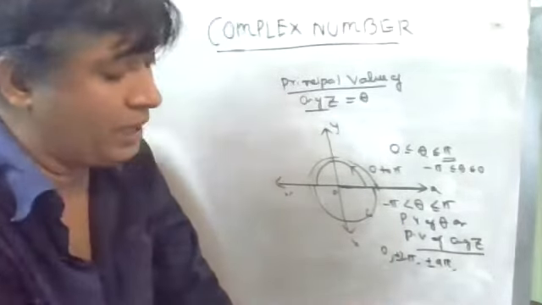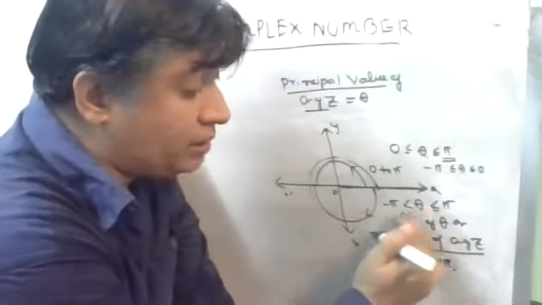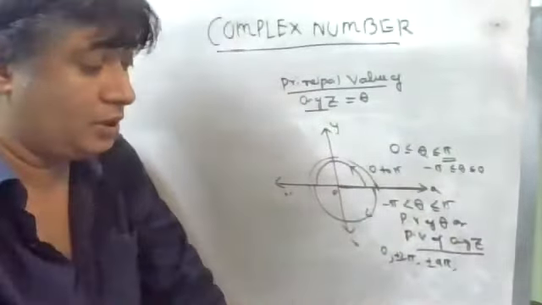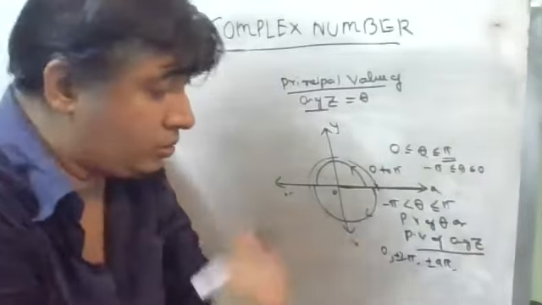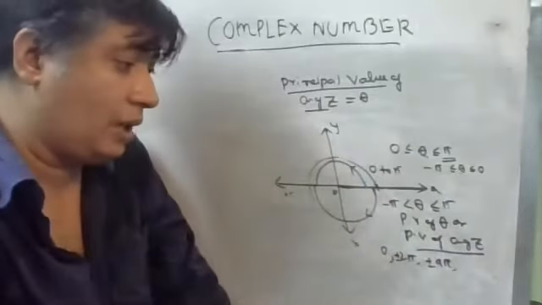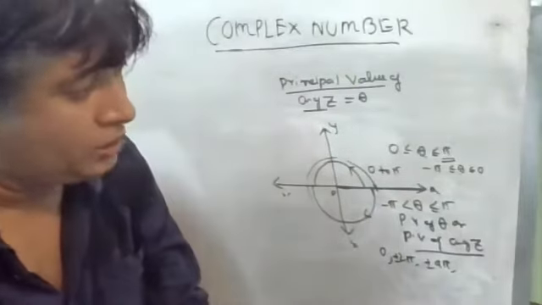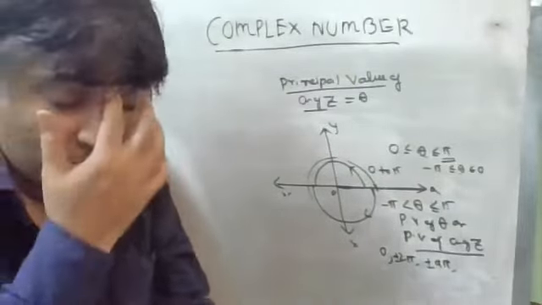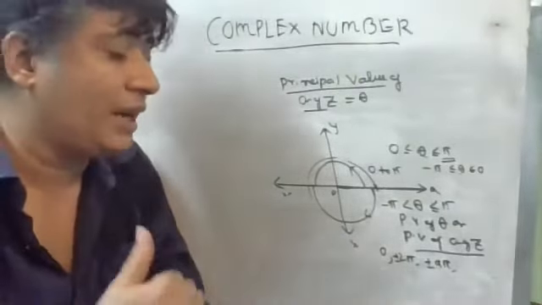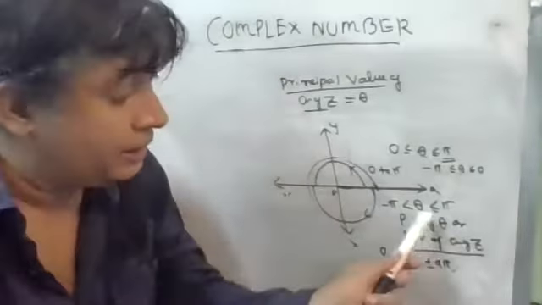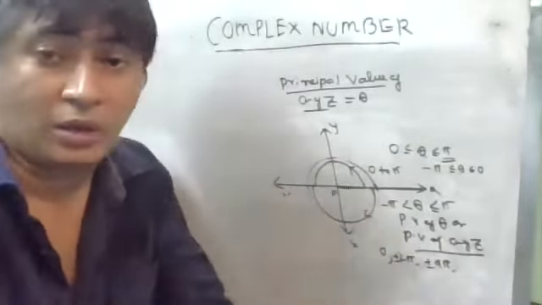Whatever you give, all lie between minus pi to plus pi in this interval. That is principal. So if you are told to find the argument of z, you have to examine in which quadrant the point lies, and whether it satisfies the interval of principal value or not.